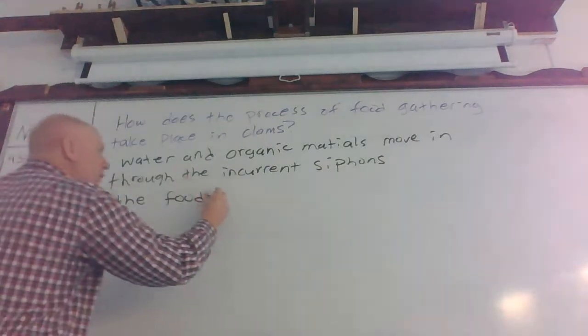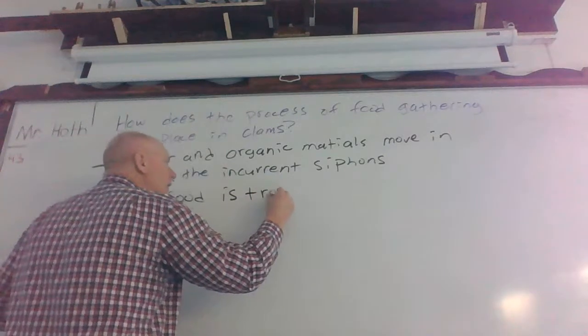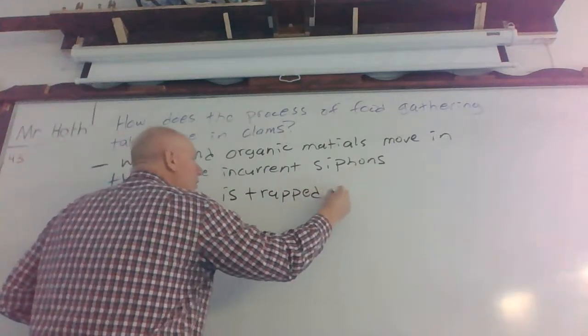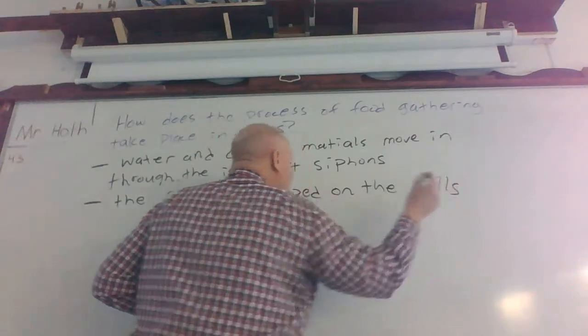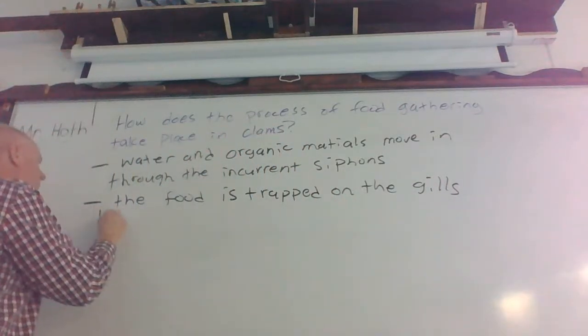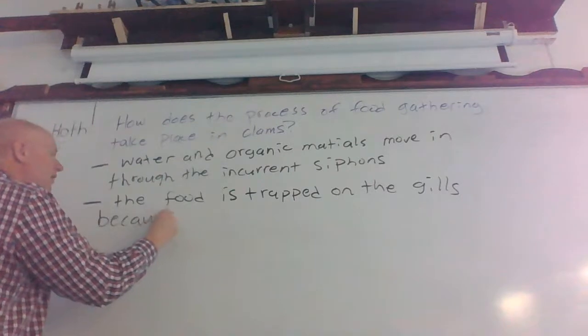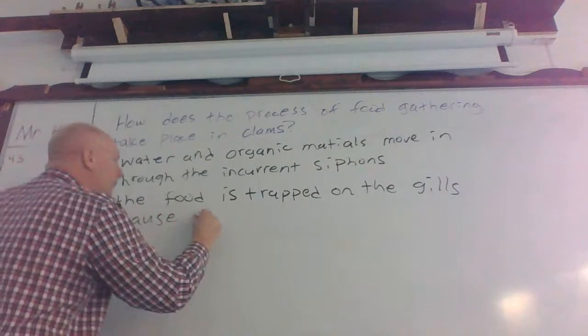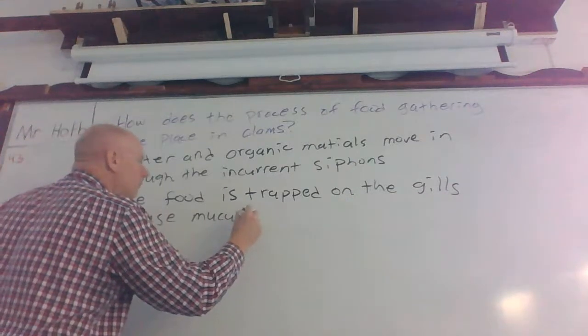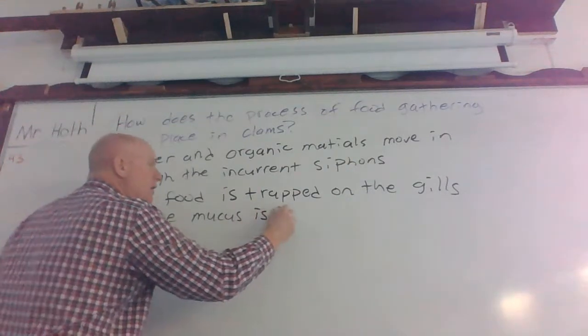Okay, the food is trapped, like you said, on the gills because what is secreted? You said mucus. That's right. Mucus is secreted on the surface.